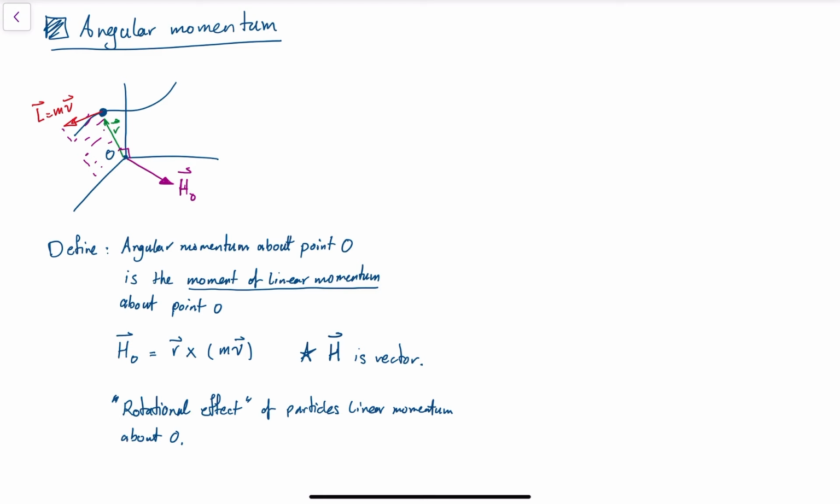And its unit, let's write it here. Unit of angular momentum is meters times kilogram meters per second. That is the unit of linear momentum multiplied by another meter. And that is kilogram meter squared over second.